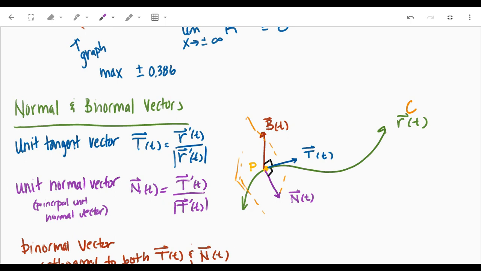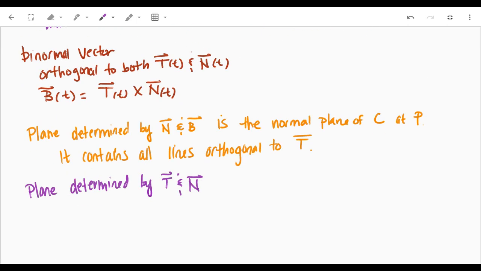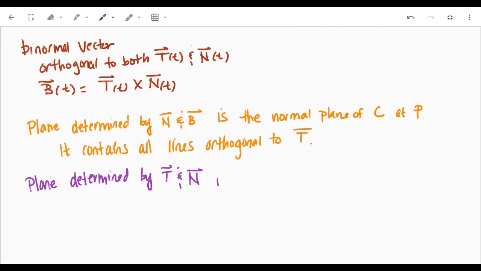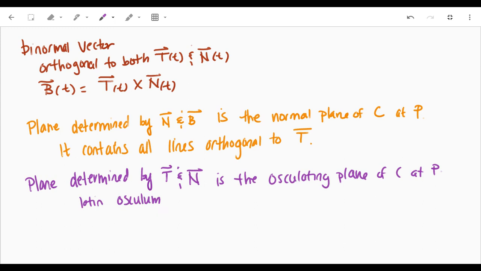Think about that plane that would lie flat on top of the curve. It is the osculating plane of C at P. Latin, osculum is kiss.